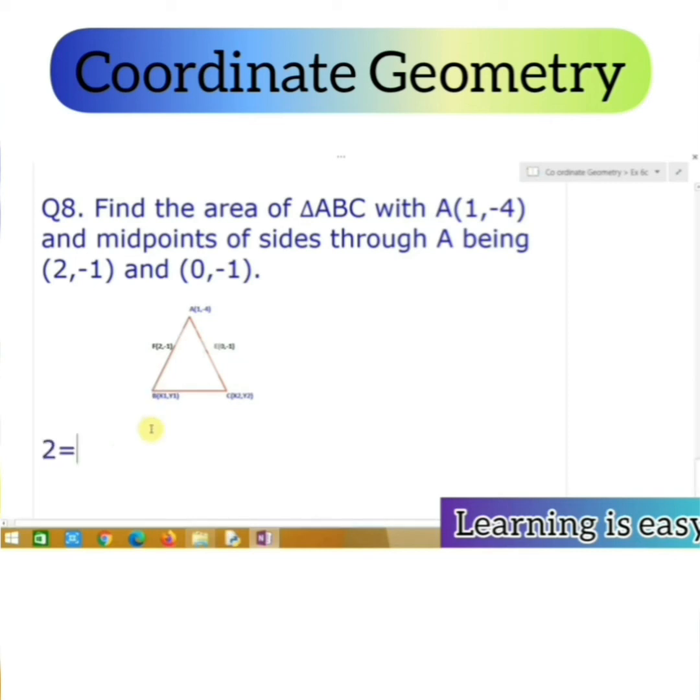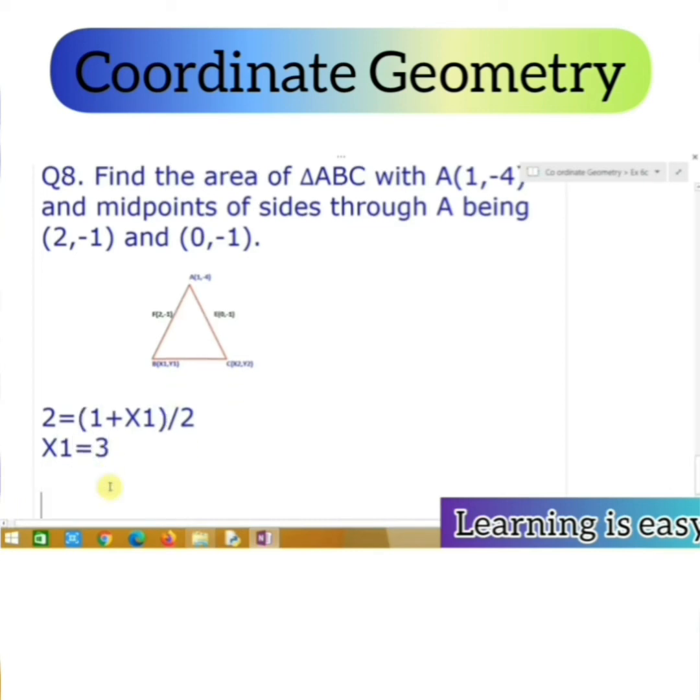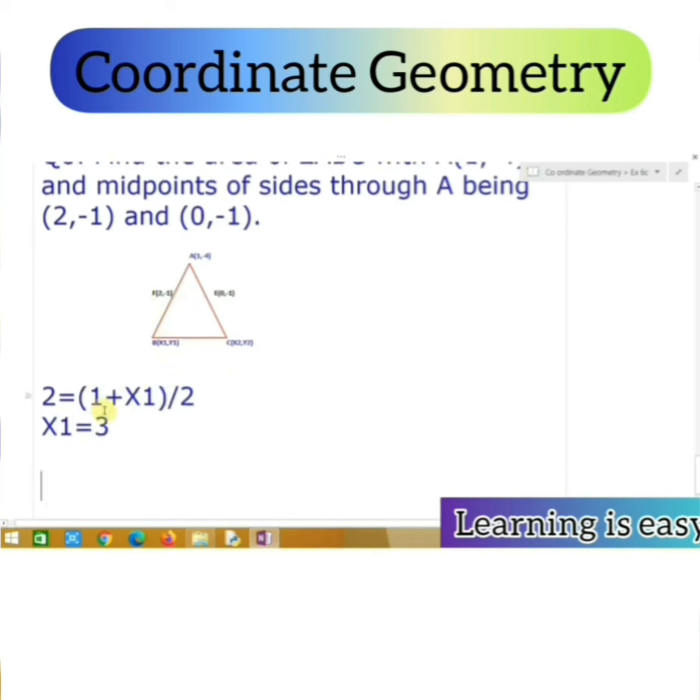So equating to the midpoint, 2 is equal to (1 plus x1)/2, as we don't know one of the coordinates. So x1 is 3. In a similar way, minus 1 is equal to (minus 4 plus y1)/2.